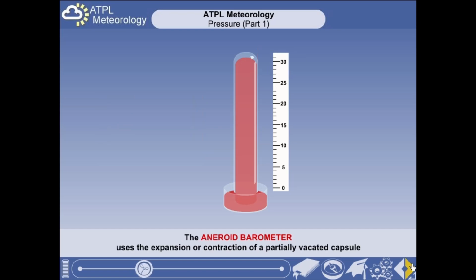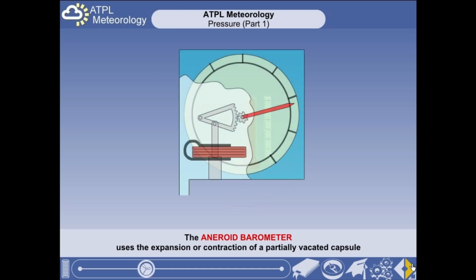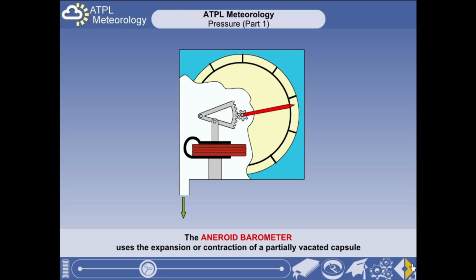The other type of barometer is non-liquid and is therefore called an aneroid barometer. These can be less accurate than mercury barometers, but are more sensitive to small changes in air pressure. An aneroid barometer measures the effect of air pressure on a metal chamber, from which part of the air has been removed.